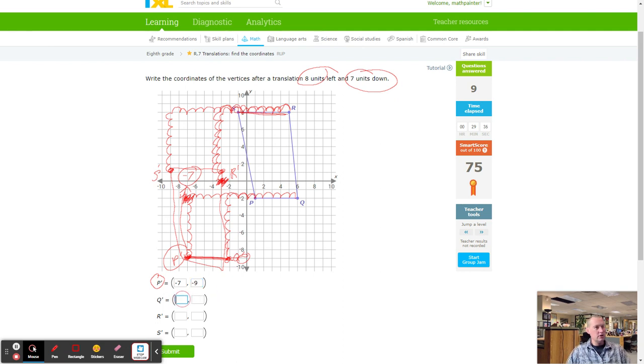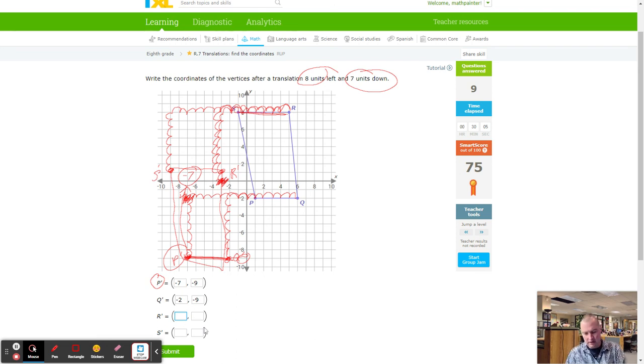All right. Q prime is down here. So right above Q prime is -2. And to the right is -9. R prime is going to be, let's see, to the left 3 and up 1.